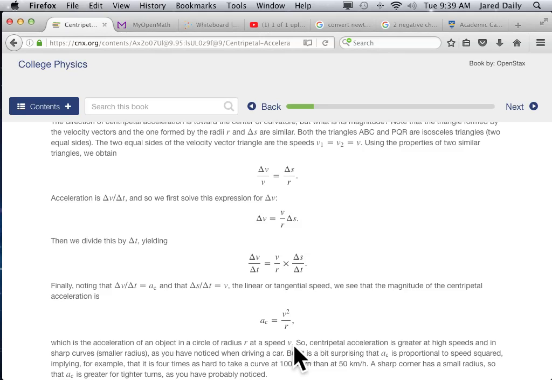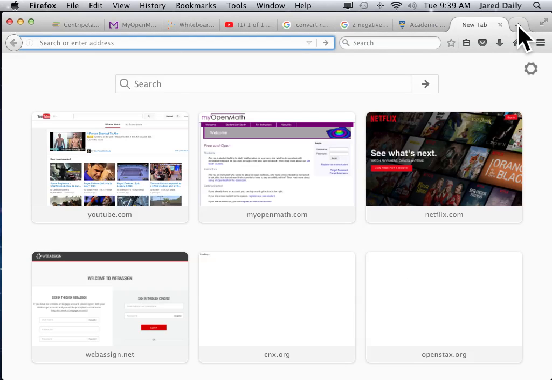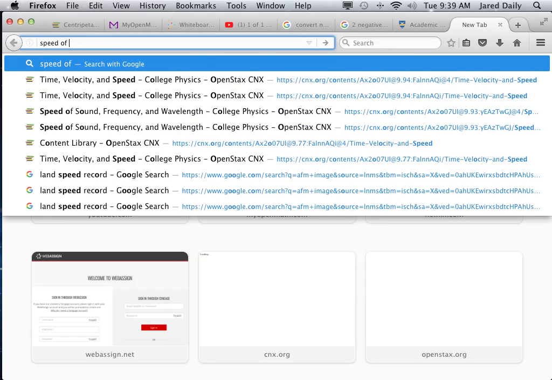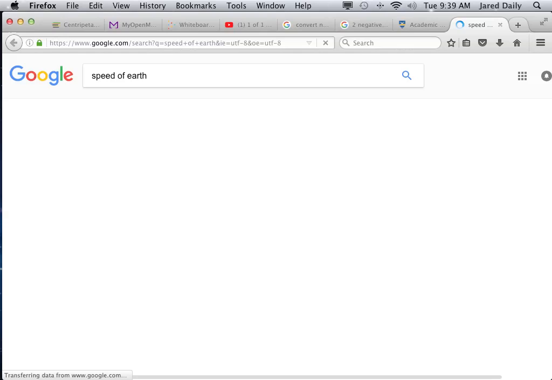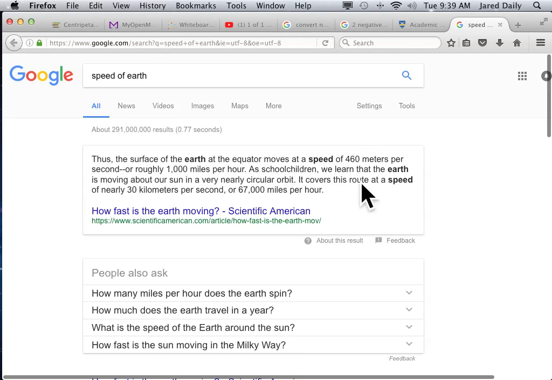Let's calculate that. Okay, so how fast is the Earth going around the sun? So the speed of the Earth, Earth is moving about the sun, circular, it covers the route at a speed of 30 kilometers per second.